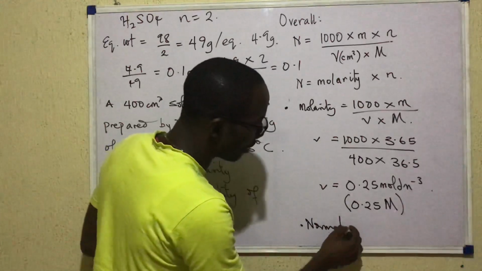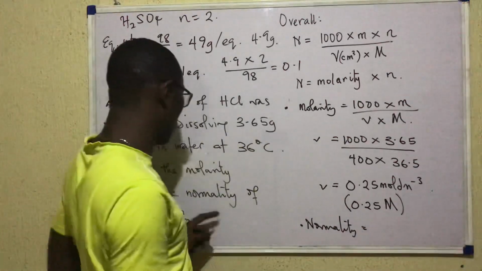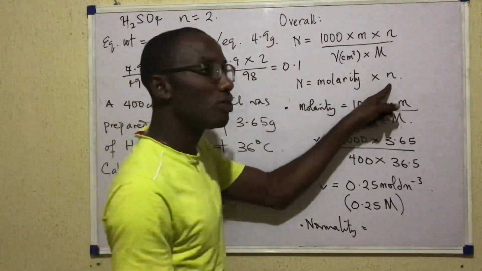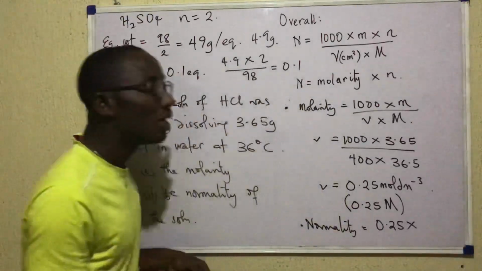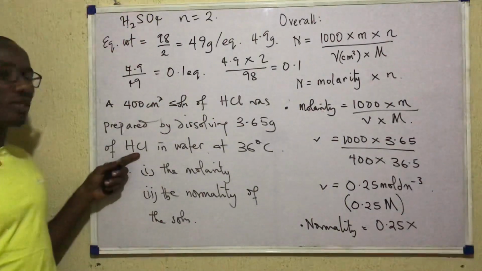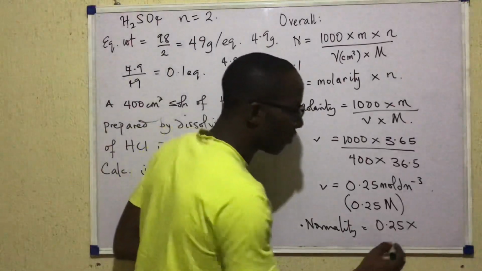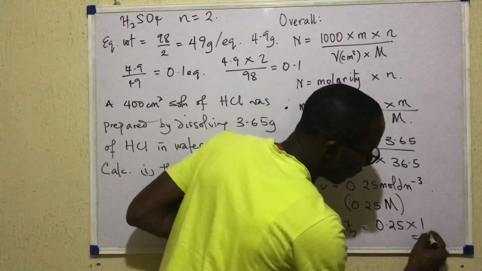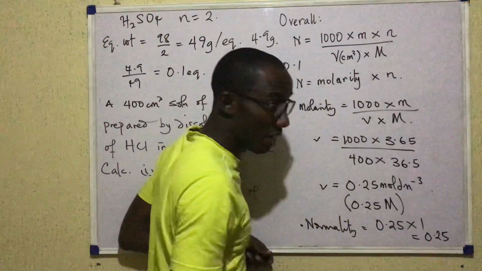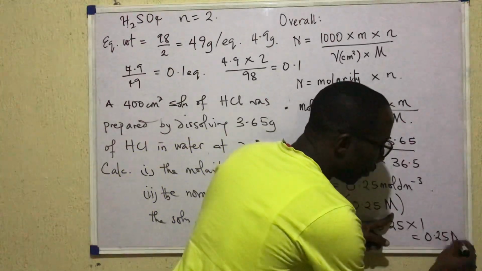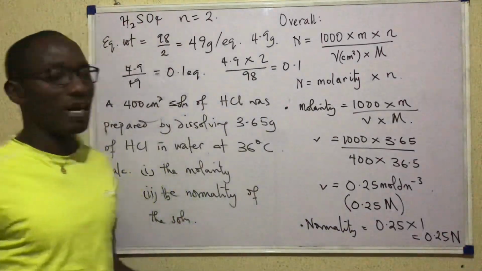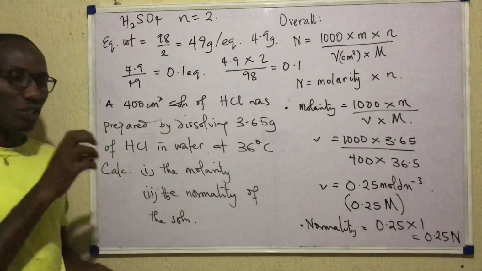We say the normality of this will be equal to molarity times number of reacting units. So the molarity is 0.25. Then for number of reacting units, this is HCl we are dealing with, so number of reacting units will be 1, and that leaves our answer as 0.25. But it's no longer molar, instead it's now normal. 0.25 normal.